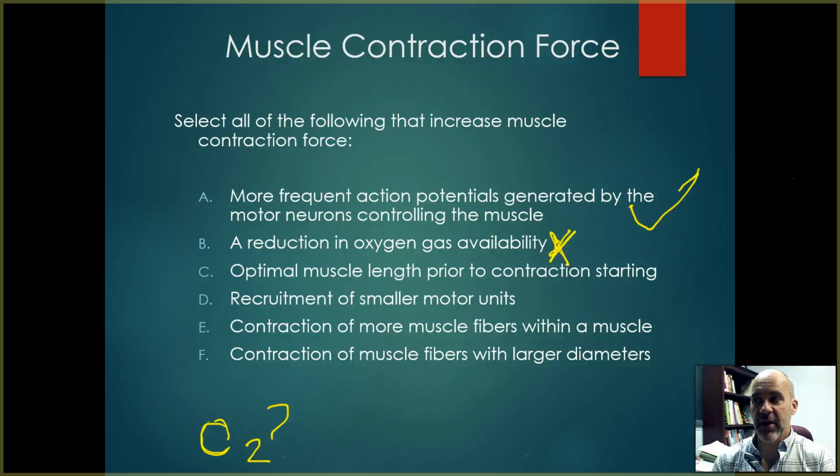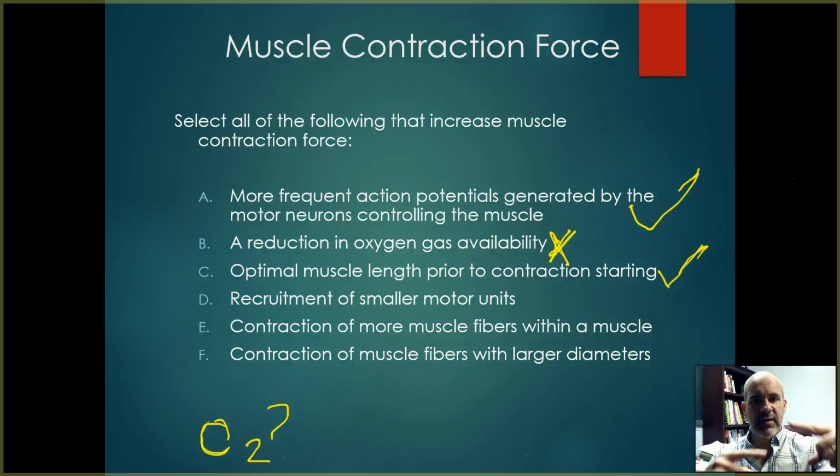Optimal muscle length prior to contraction starting. That's a yes. If you go back and review, we talked a little bit about how, and here you're not talking about a contracted muscle, but just the muscle itself before it starts contracting, there's an optimal length.